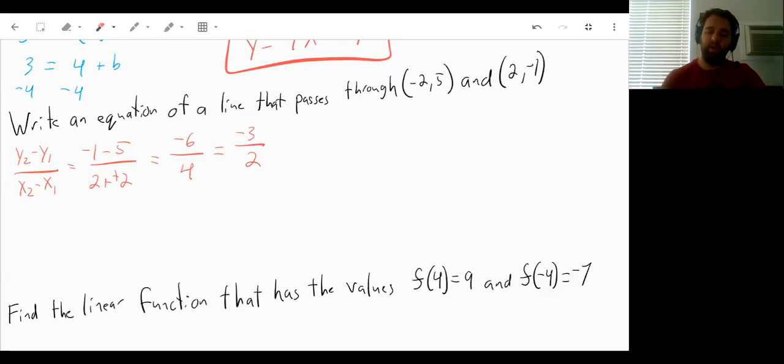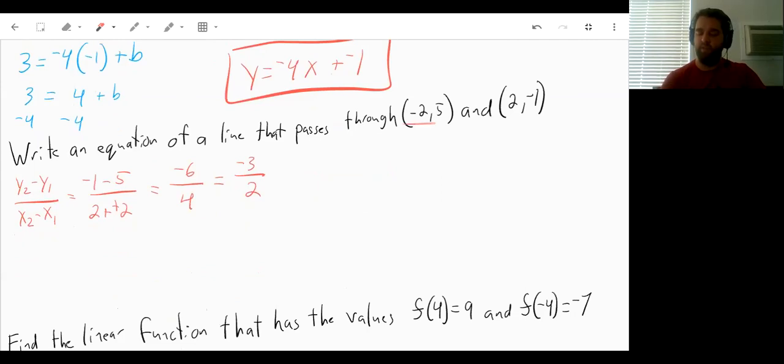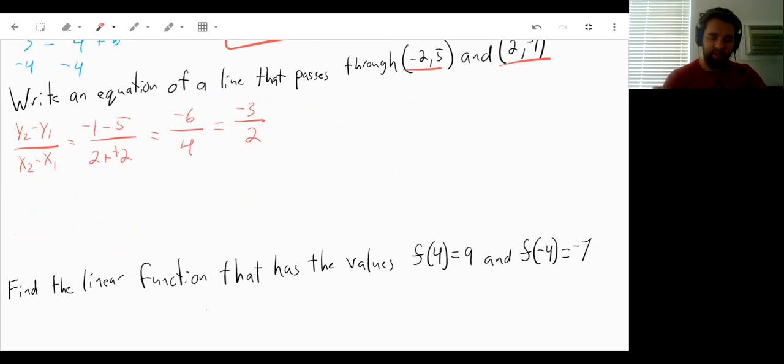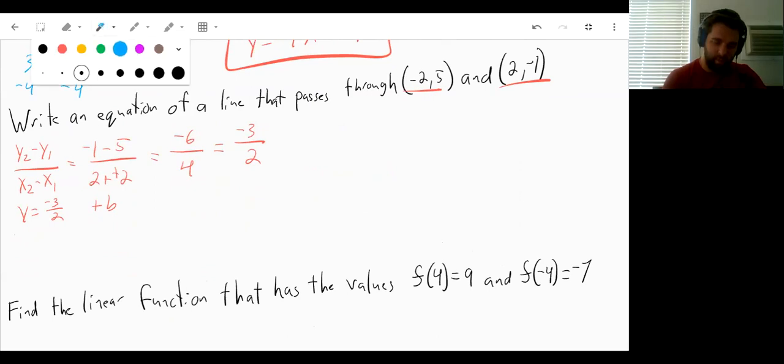Just like last time, what we had was slope and a point. Now we have slope, and we can choose either point to help us solve it. So let me start out just putting this into y equals negative 3 halves x plus b. And now we need to go and put in those points. So let's just do that first one. So the negative 2 and 5. So our x is negative 2. And then our y is going to be 5.